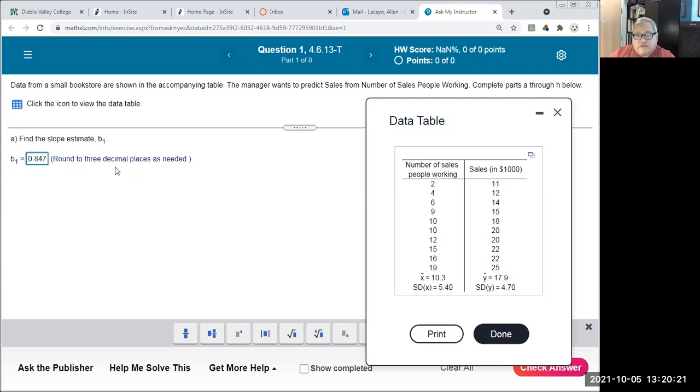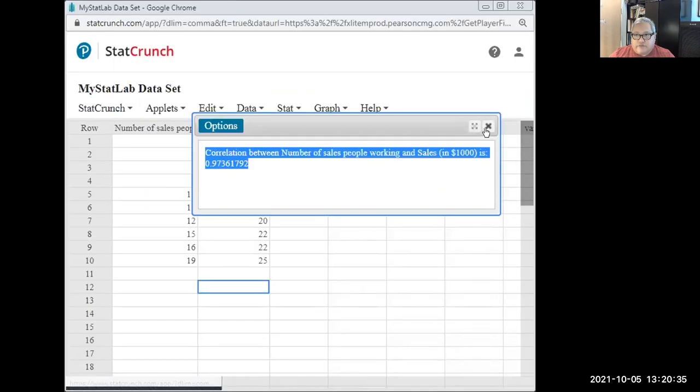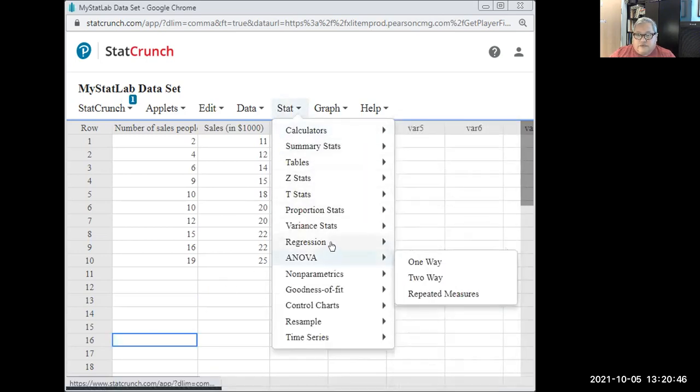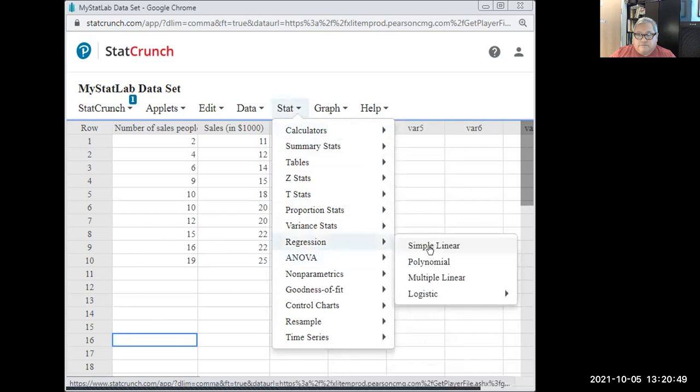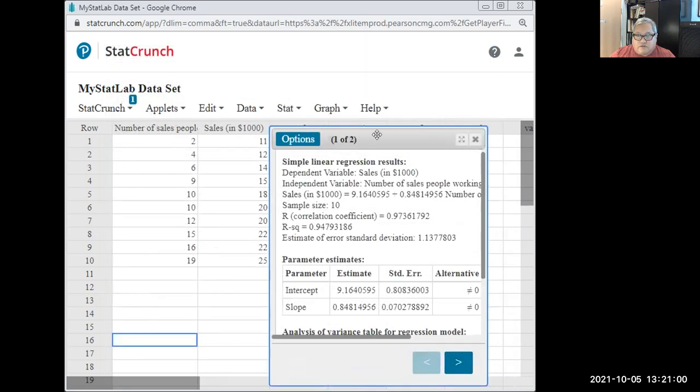To avoid needing to go back and forth between the problem and the calculations necessary in this problem, the best thing I recommend doing is actually not just calculating the correlation between the two variables by using this command that I just demonstrated, Summary Stats, Correlation. It's best to go Stat, Regression, Simple Linear, select the x factor and the y factor and run the computation of the whole regression model.